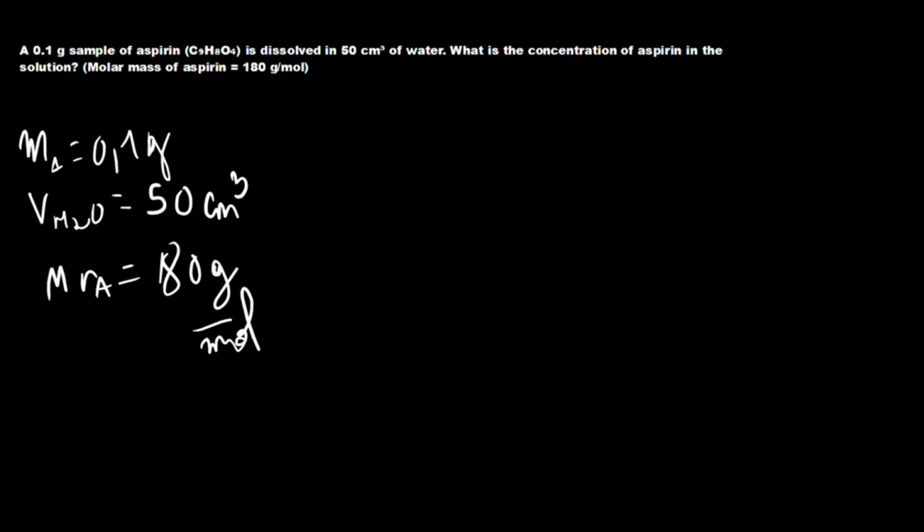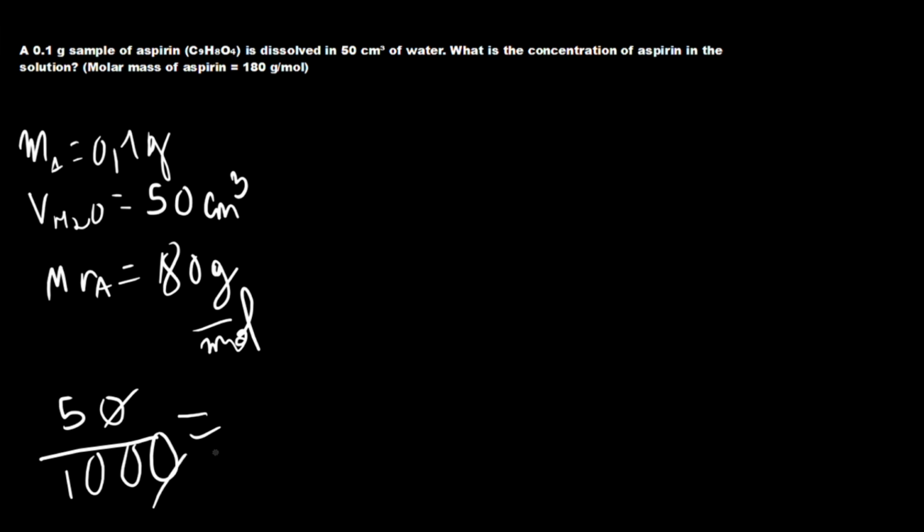Before we continue, it's important to convert the volume to liters or cubic decimeters because that helps you avoid mistakes and keep things consistent. So to convert it, you only need to divide it by 1,000. So just take the 50 and divide it by 1,000. Feel free to plug it in a calculator.